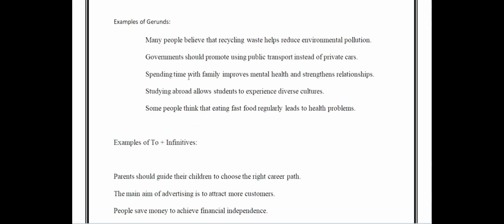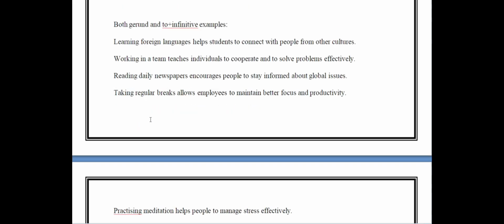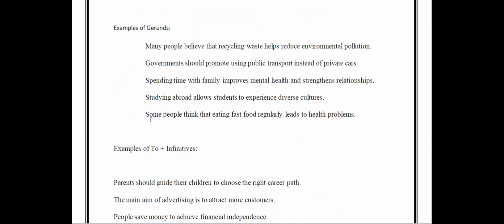Let's see the full-length examples. After understanding the clear examples of gerunds and to plus infinitives, and commanding them, let's see the long sentences. First the set of gerunds, then the set of to plus infinitives, and then both gerunds and infinitives in the same examples.